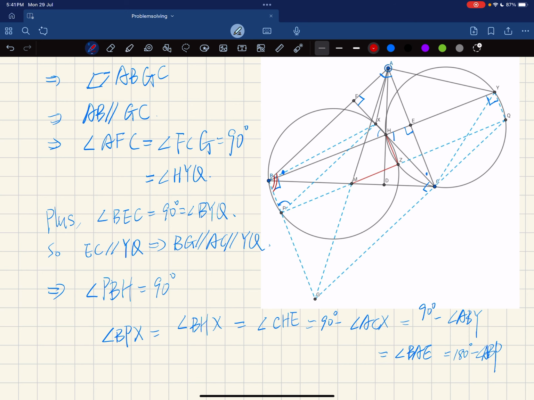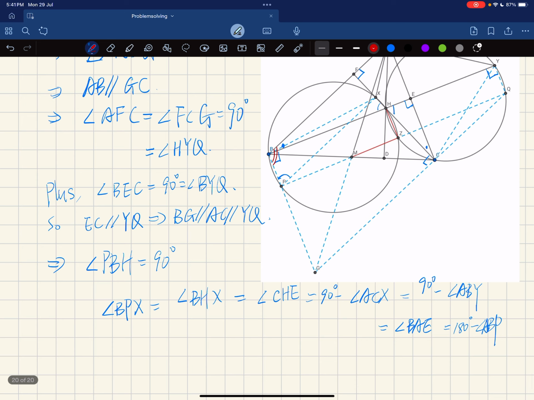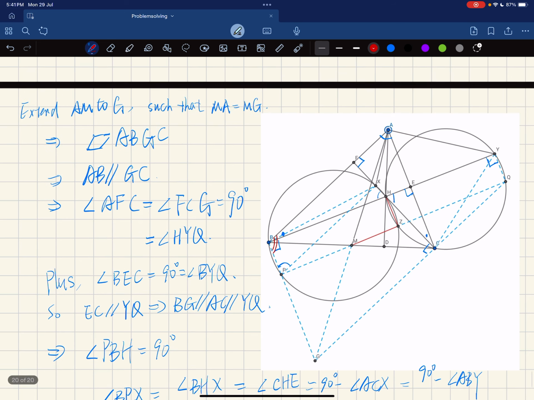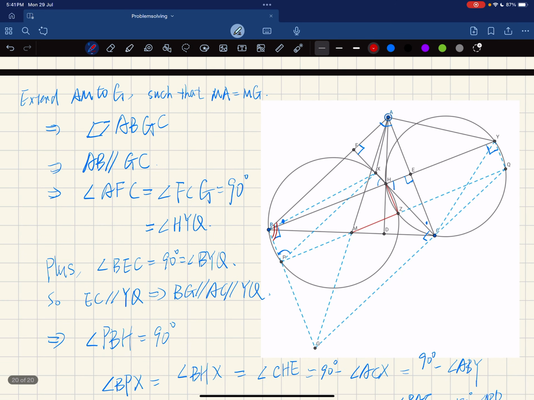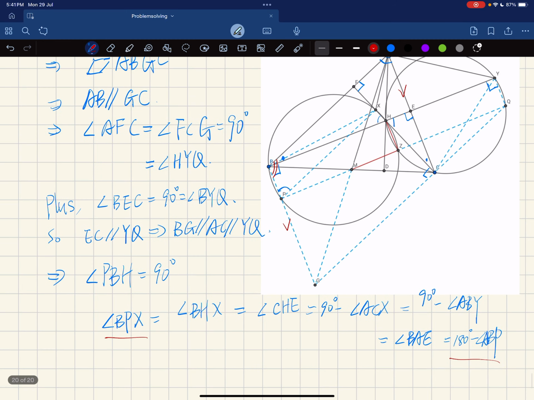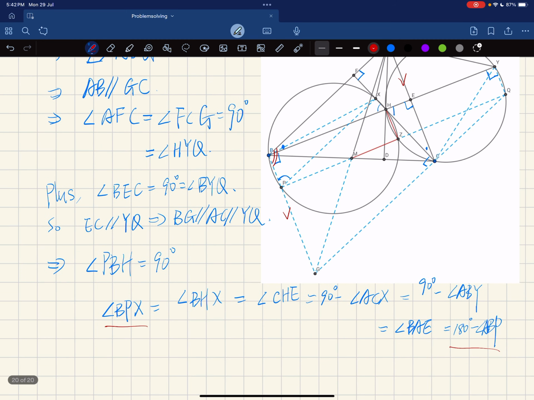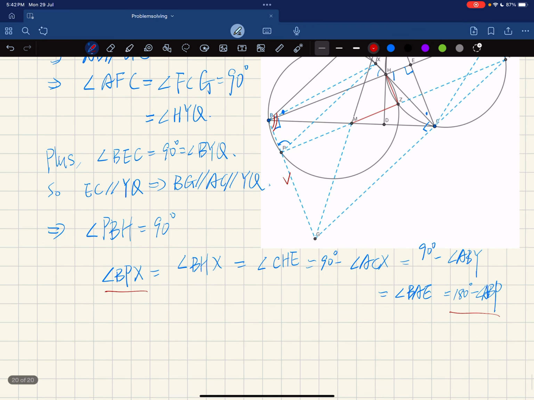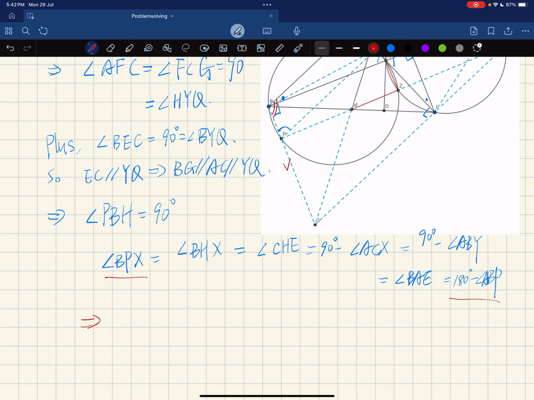Why can we infer that angle BAE plus angle ABP equals 180 degrees? That is because we have AC parallel to BG, right? So what can we have after knowing that the angle BPX plus angle ABP equals 180 degrees? That is parallel, right? So we can easily know that AB is parallel to PX.